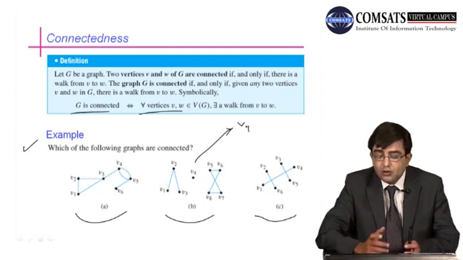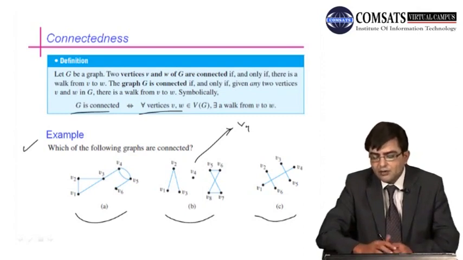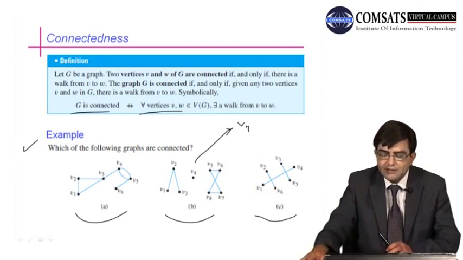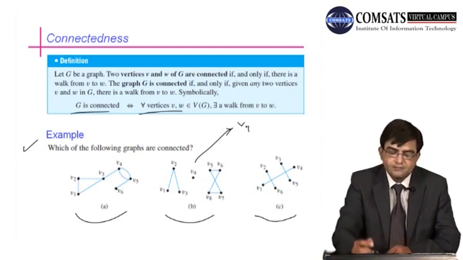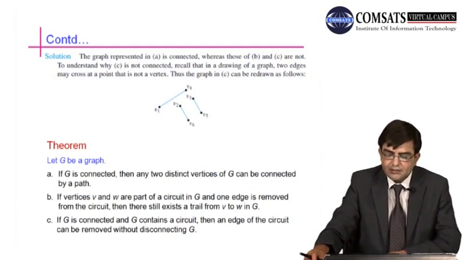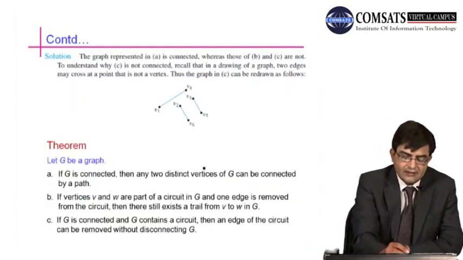If we see this graph here, there is no walk between V1 and V2, V1 and V3, V1 and V6, or V4 and V2, V4 and V5, because this graph can be redrawn as this. Here the previous graph was like this.